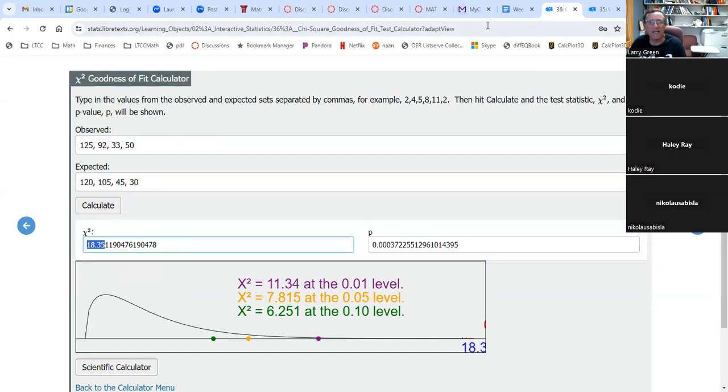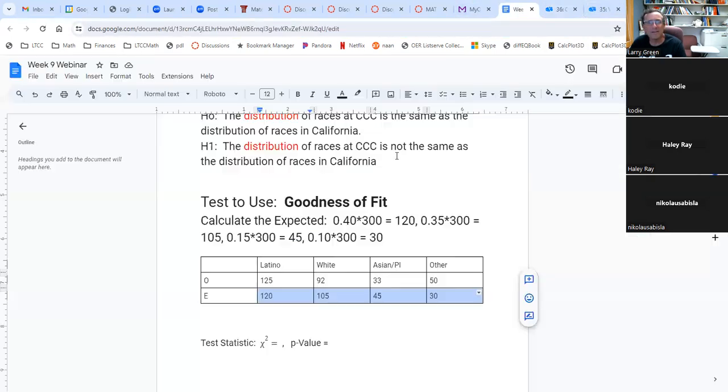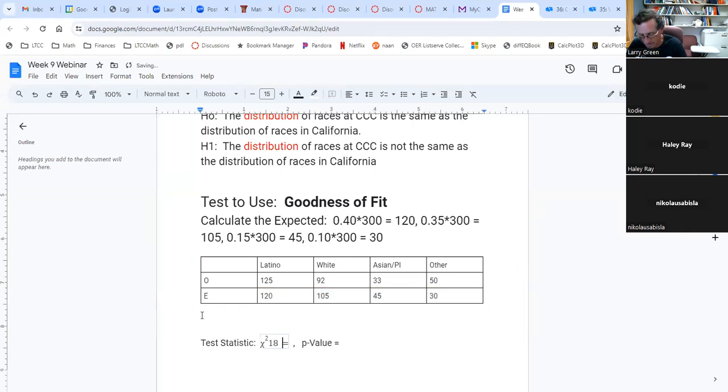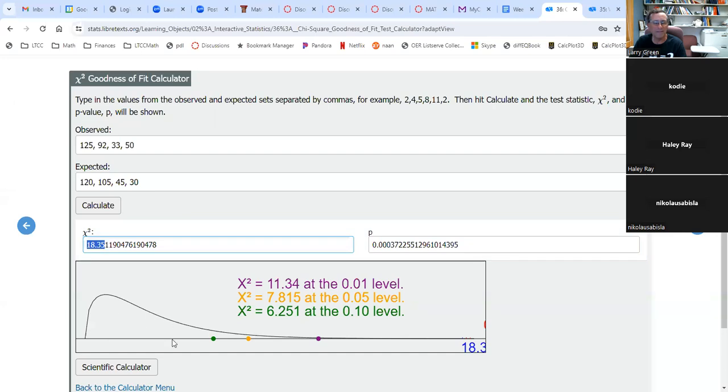So let's do that, 18.35. And our, whoops, after the equal sign. There we go. And the p-value was about 0.00037.